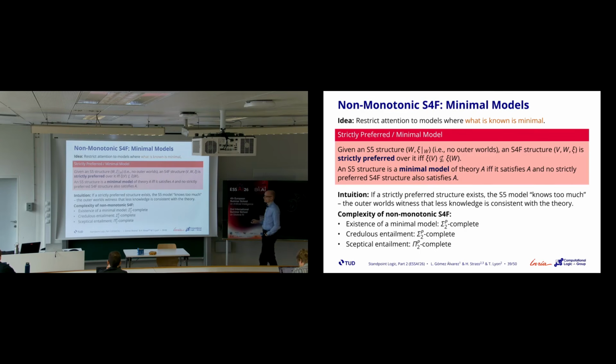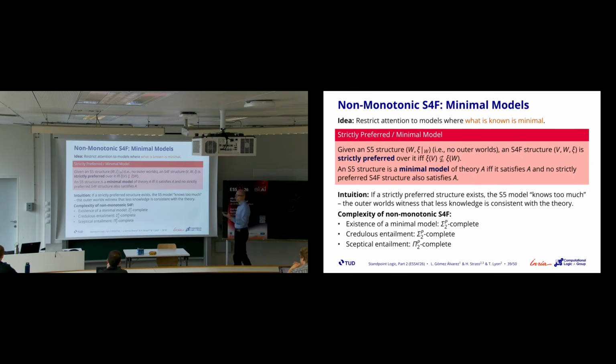In other words, there is some outer world here that has a valuation that does not occur anywhere in this structure. So this relates to this: have we really included any world that is possible and that satisfies our knowledge base? And we say that this is strictly preferred if it contains such an additional world.